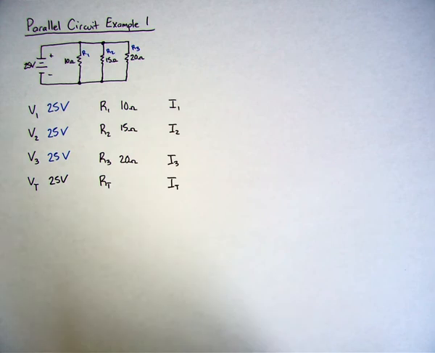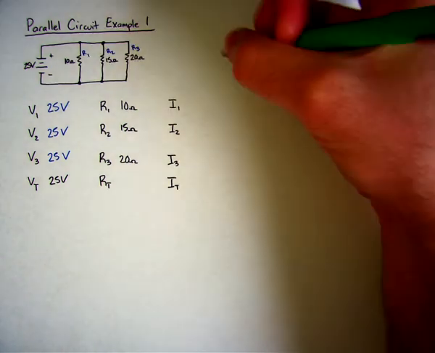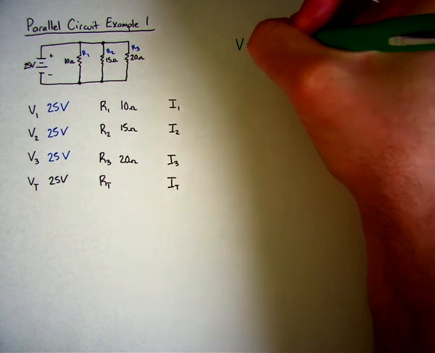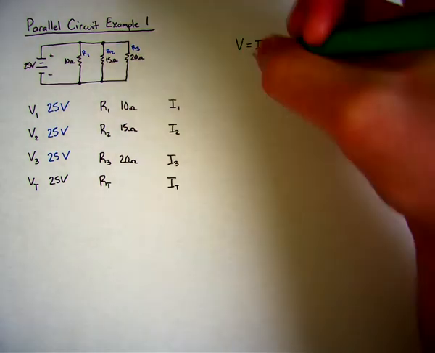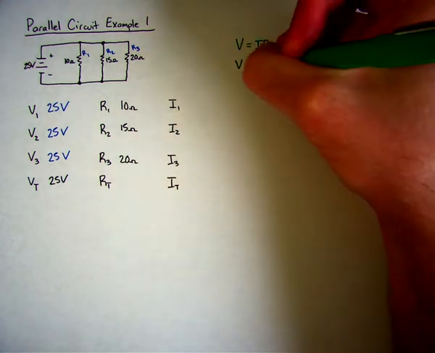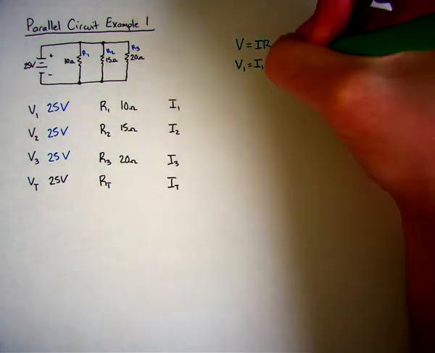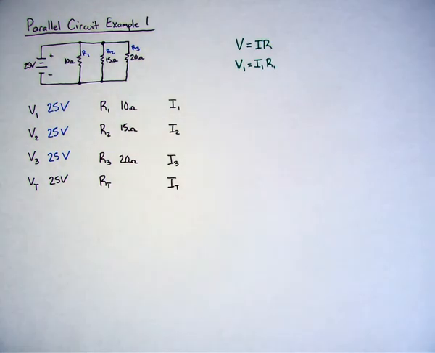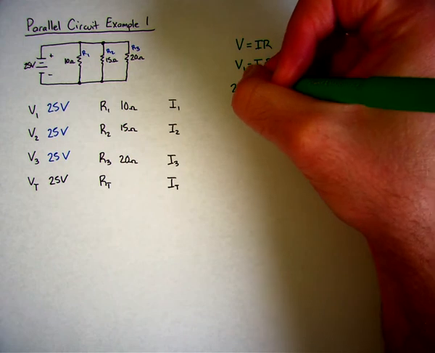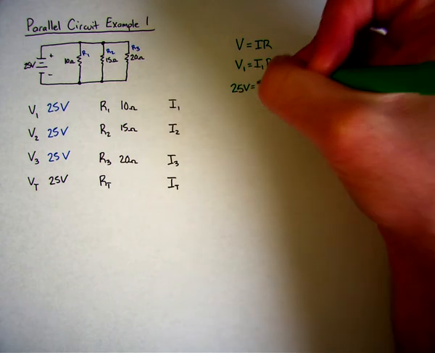So if I wanted to find the current through resistor 1, I know that V equals IR from Ohm's law. So I know that the voltage across resistor 1 is equal to the current through resistor 1 times the resistance of resistor 1. So if I plug in what I have, I know that the voltage drop across resistor 1 is 25 volts.